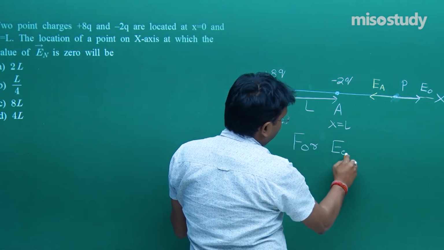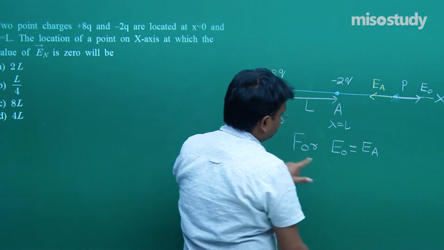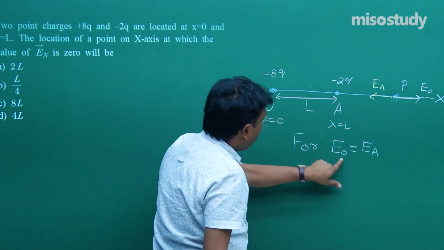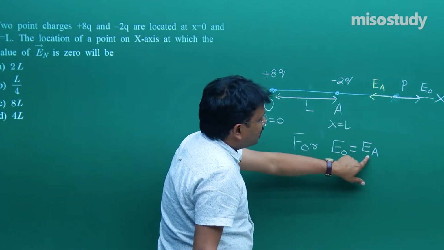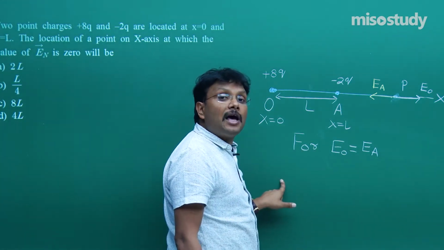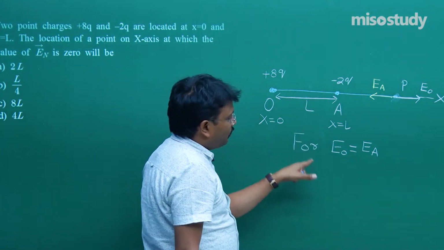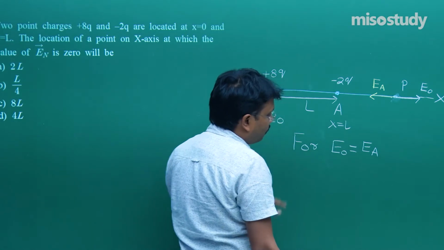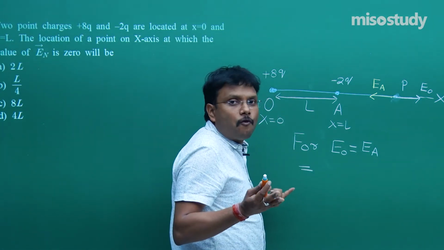Now I am writing just one line, for EO is equal to EA, that is, only if they are going to equal each other, only then you may say that the net field is going to be 0. Fine. So, let us put the values over here, and the basic formula we know.